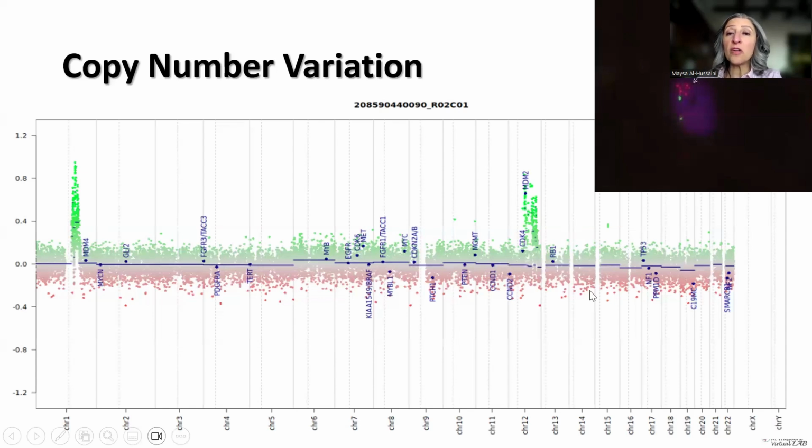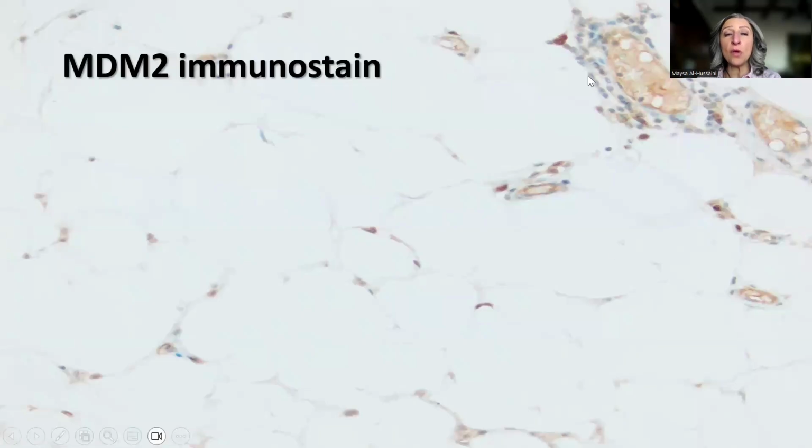In order to confirm the diagnosis further, we elected to do FISH testing for MDM2 amplification. And as you can see here beautifully, this is the centromere, and this is the gene showing several copies, which is consistent with amplification of the MDM2 gene. And then we resorted to do the immunostain, which is the least sensitive, and sometimes interpretation might be difficult.